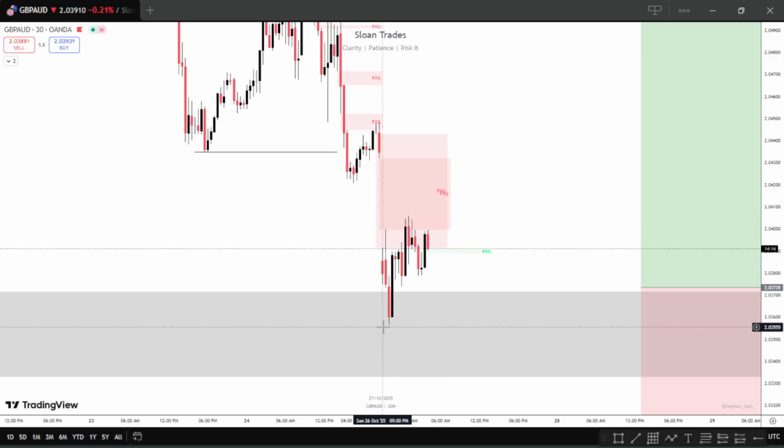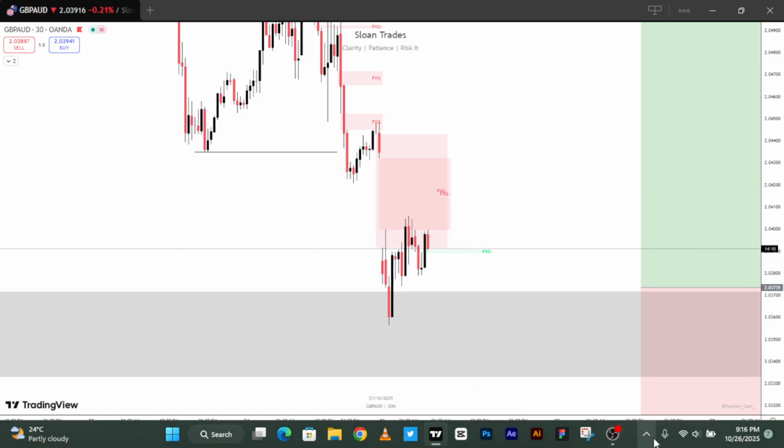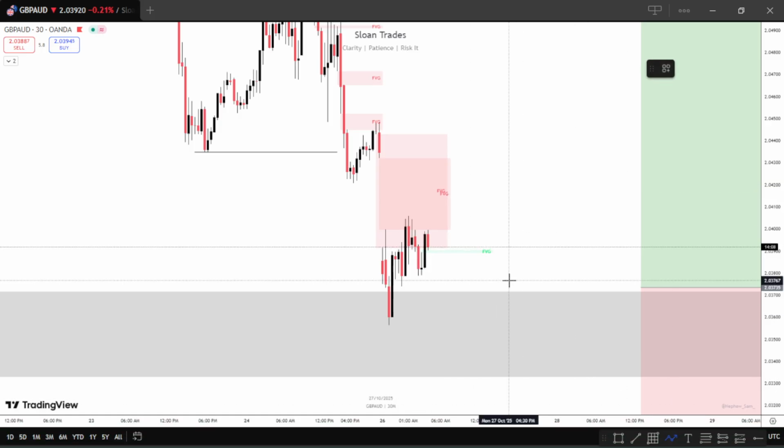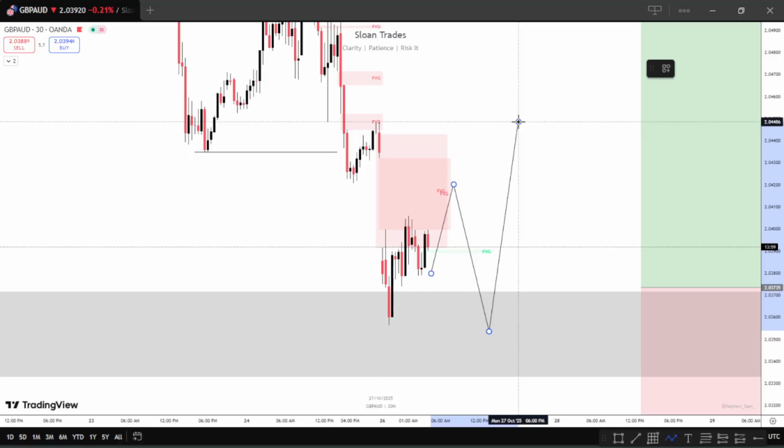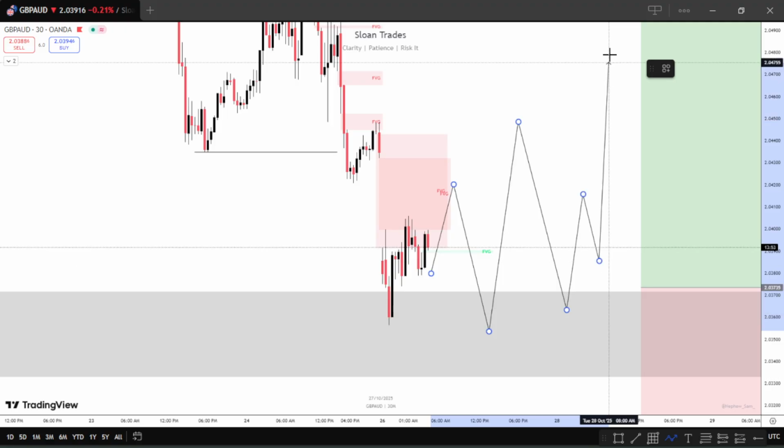If it creates a break of structure here and then a retest into this zone, let me mark it out. If the market creates a break of structure here and then a retest into this zone, then I am probably going to be looking at confluences that will still show me, okay, yes, this is going to happen, and eventually a continuation.